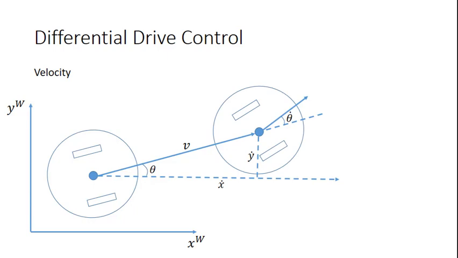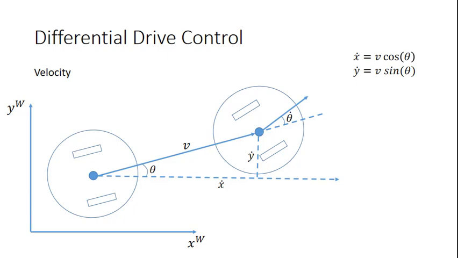So as the robot moves, it may start over here on the left, and then I have this new position and orientation here on the right. You can see that we can represent the motion with a straight line, and within the straight line the robot is going to be moving at some velocity v, and it's going to have some orientation theta. And by the end of its motion, it's going to have some new position and some new orientation.